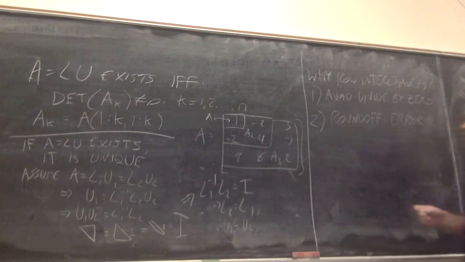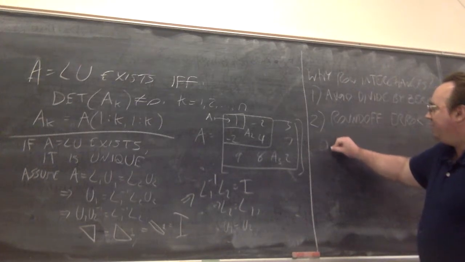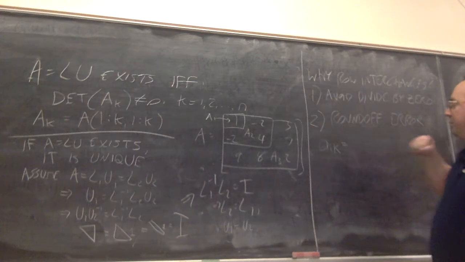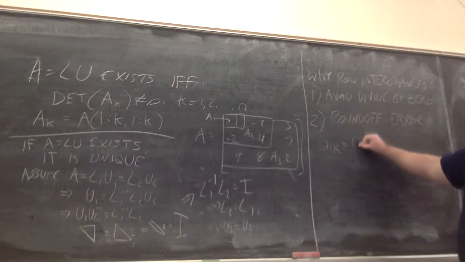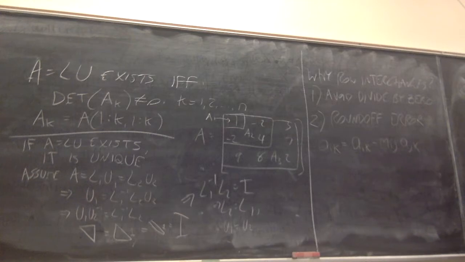So to explain what I mean by that, I'm going to focus on the main step of Gaussian elimination, where you're performing a row operation and carrying this out in the innermost loop. Because what's happening is, during Gaussian elimination, you are continually overwriting entries of a matrix. You're always updating them as these row operations are performed.